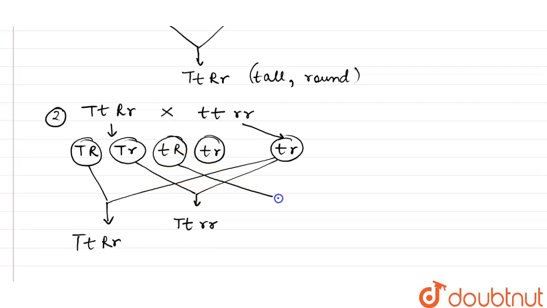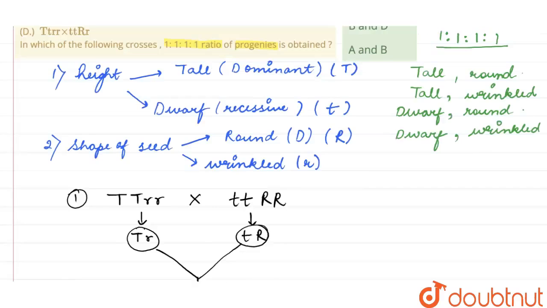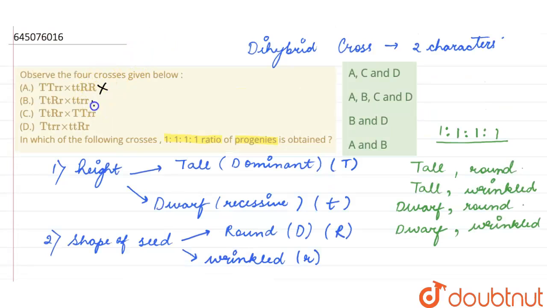Then we will have dwarf and round, and then dwarf and wrinkled. So all four are showing in this cross. Here our ratio will be 1:1:1:1, all four phenotypes are being shown. So our correct answer will be option 2.